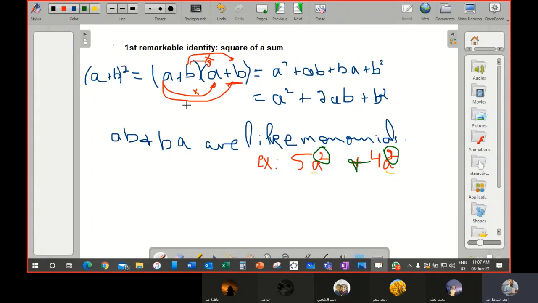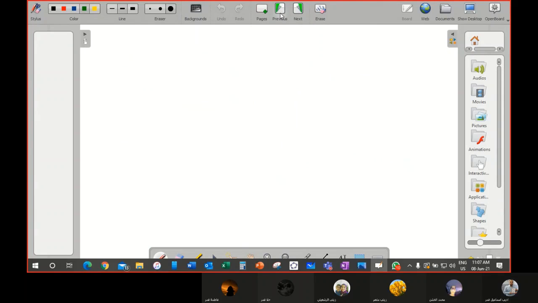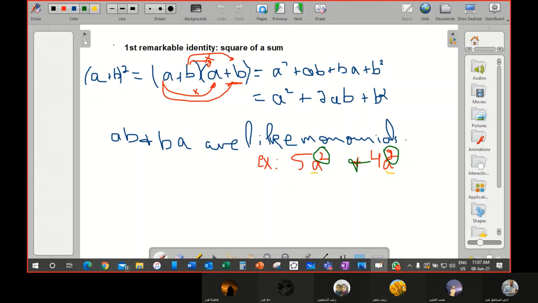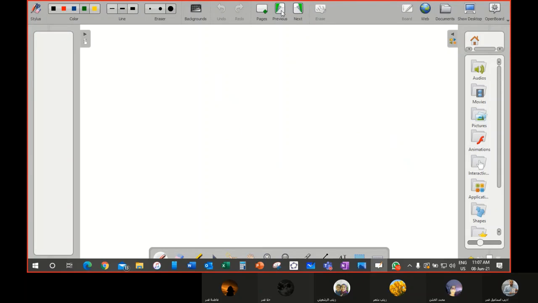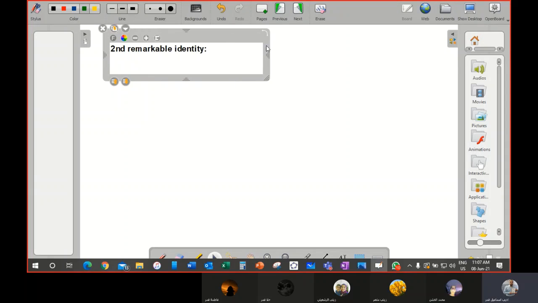Okay, this is the first remarkable identity. The second remarkable identity: square of a difference.